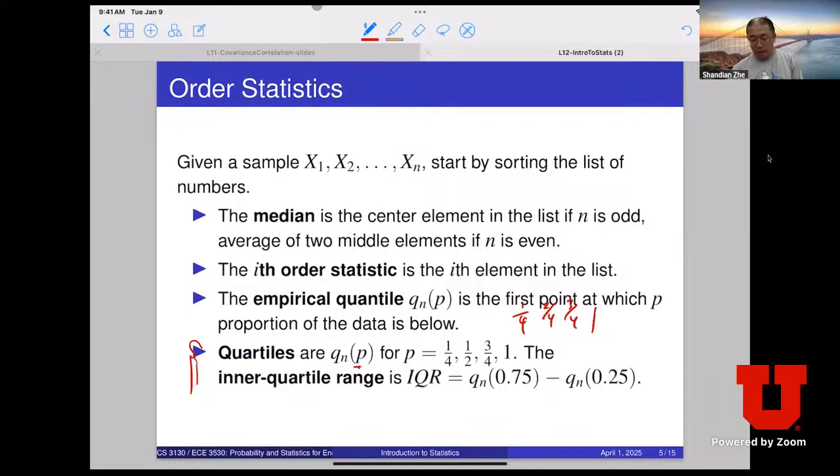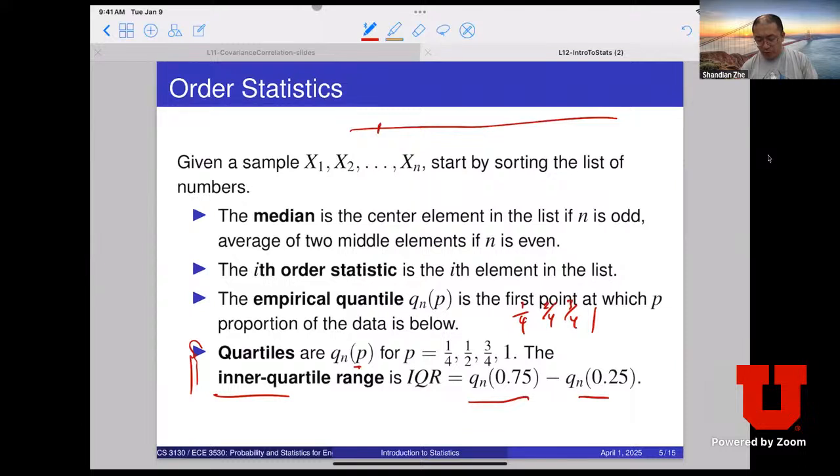That's why they're called quartiles: the first quartile, second quartile, third quartile, fourth quartile. Based on quartiles, we can also define the so-called interquartile range. It tells you the difference between two quartiles.